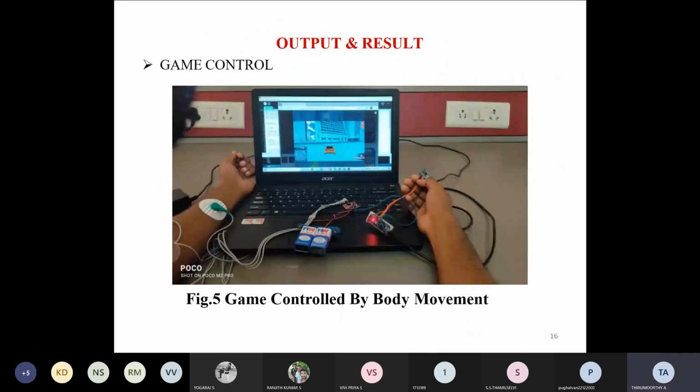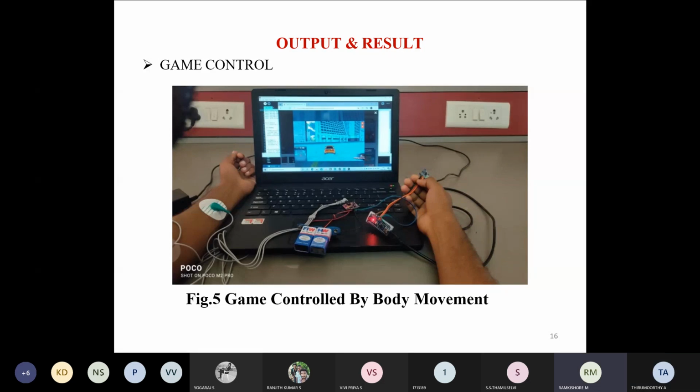This is our output. We can connect electrodes, interfacing with the human body. Electrodes can analyze the EMG signal from human muscle activation. Then the gyro sensor connects to the other side.